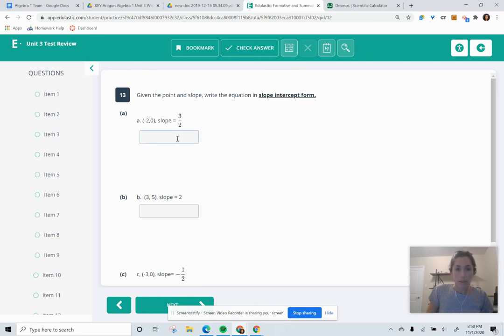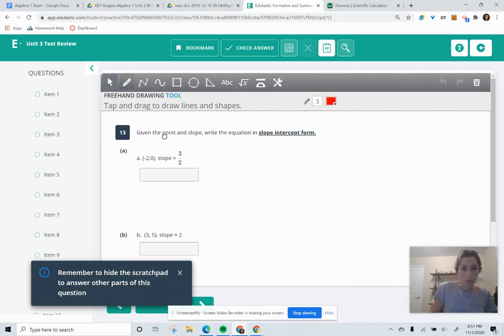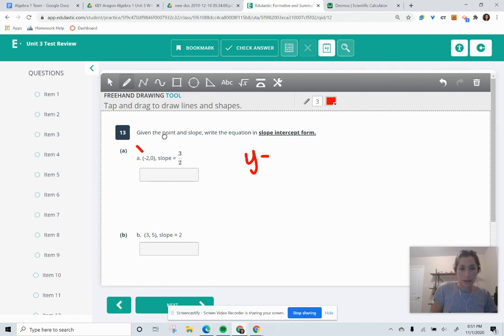We are given the point and slope, right? The equation in slope-intercept form. All right, so we're putting this into the format. We've got y minus y1. So this is our x1 and our y1. And this is our m.